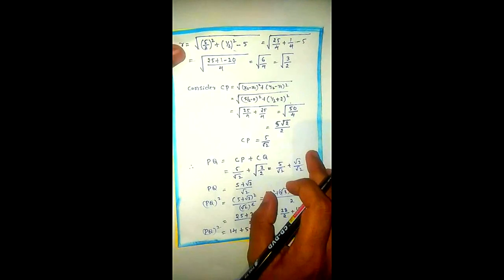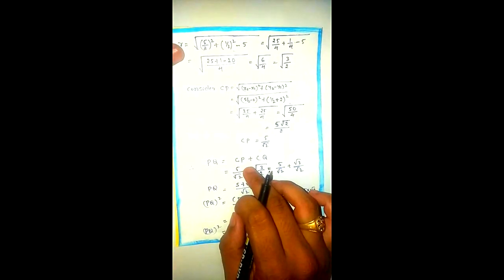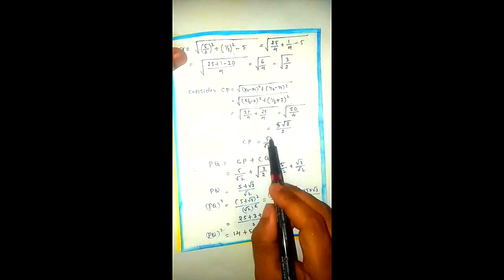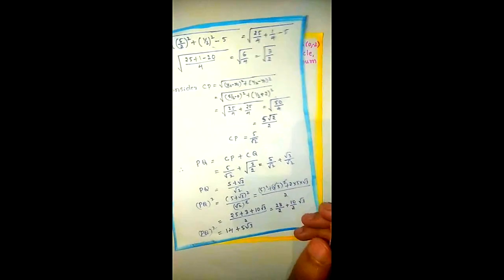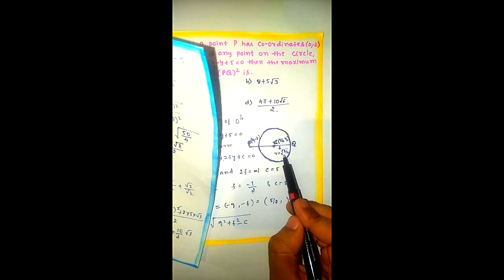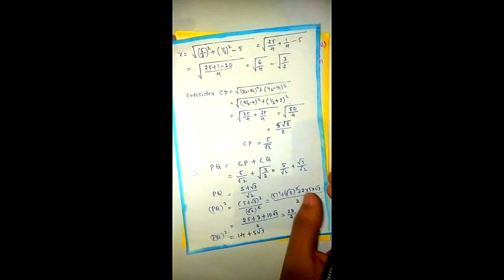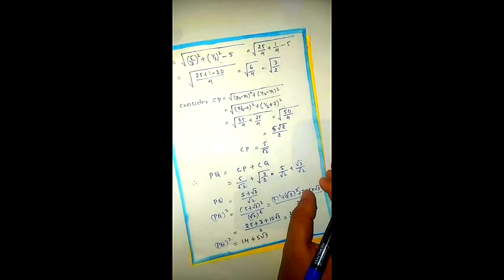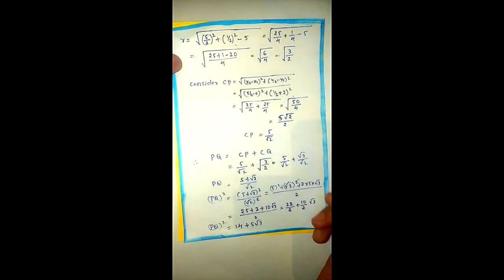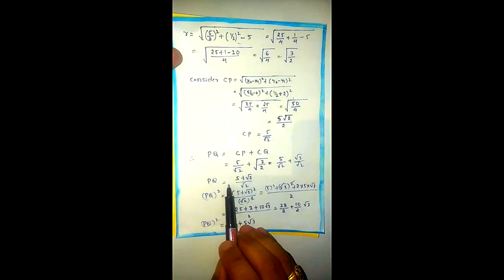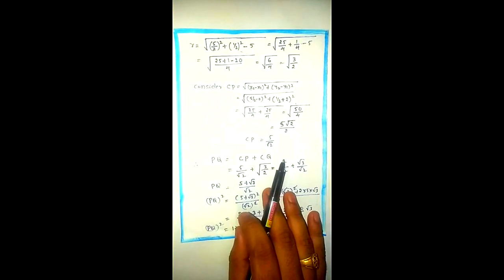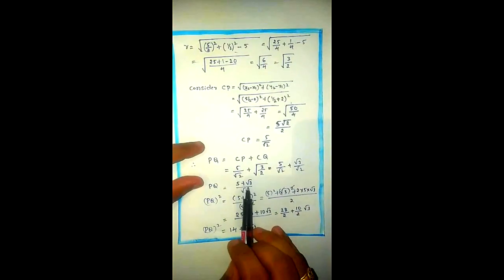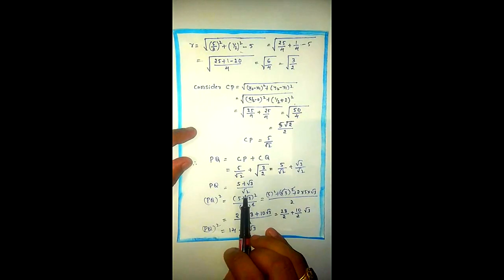CP is already found, 5 by root 2. CQ is nothing but the radius, as you can see from the diagram, so square root of 3 by 2. Solving this equation, PQ is equal to (5 plus root 3) divided by root 2.